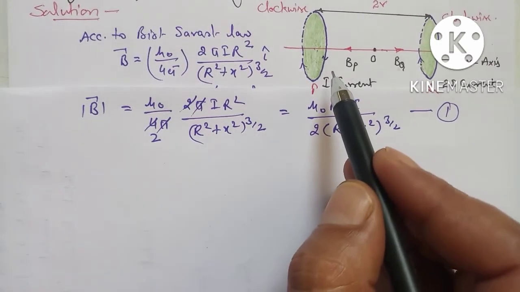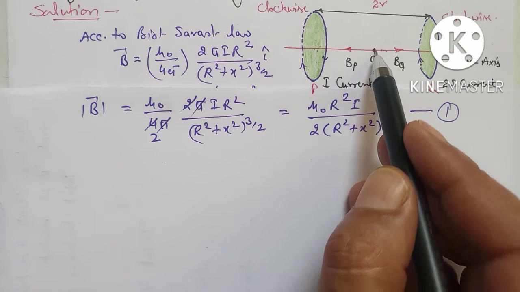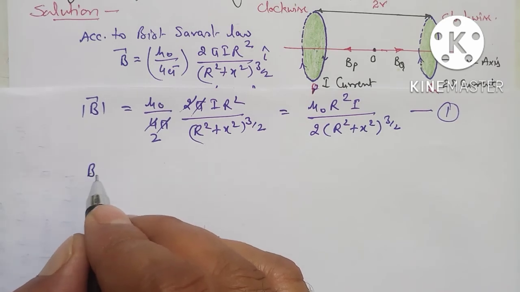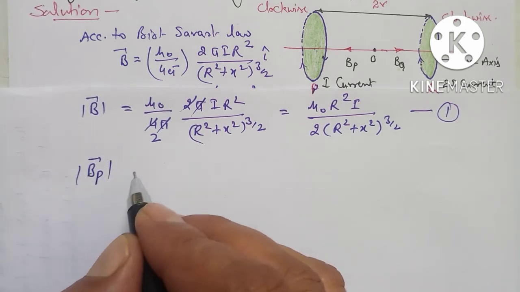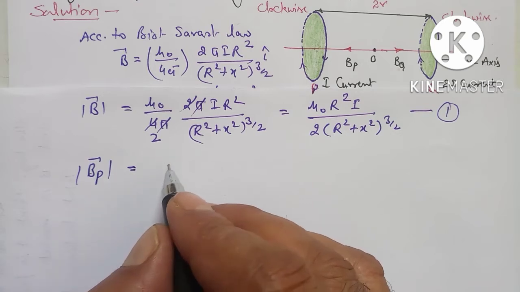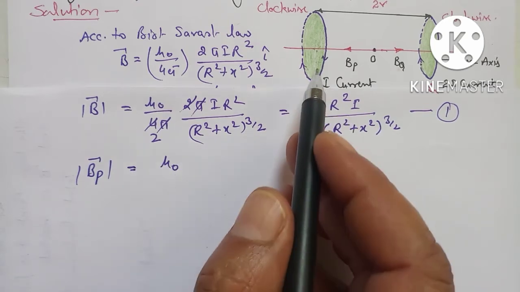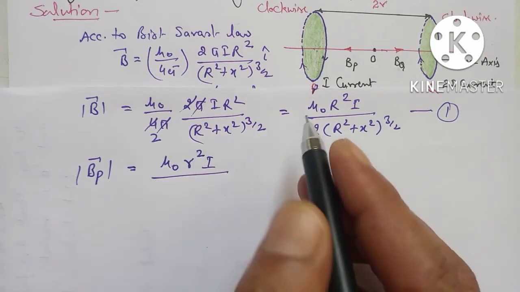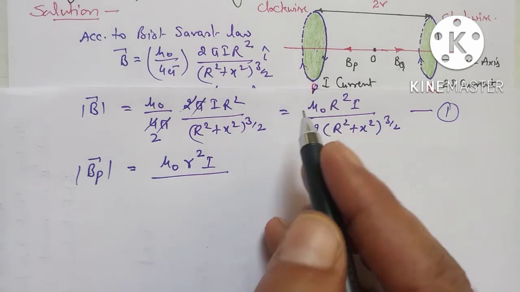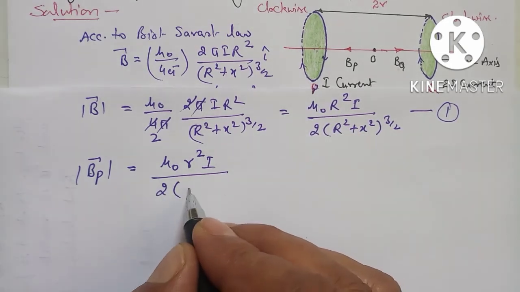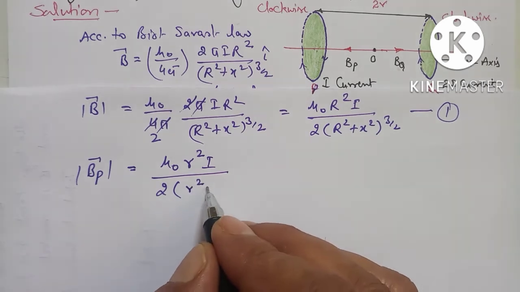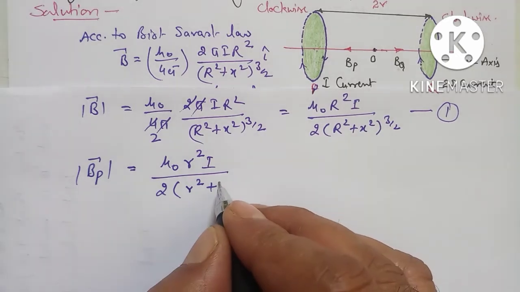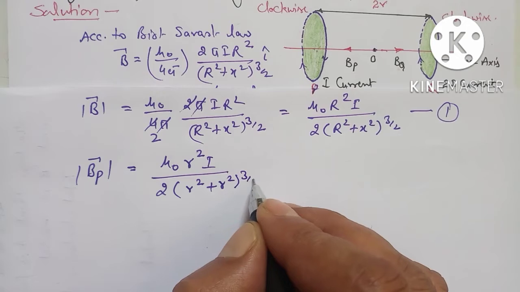Now we are going to calculate the magnetic field at O due to this circular coil P. Let us suppose it is BP. So mod of BP vector is equal to mu naught, here the radius of the coil is r, so r square, I, the current flowing through coil P is I, over 2 times (r square plus x square), and the distance of O from coil P is also r, so r square, raised to power 3 by 2.